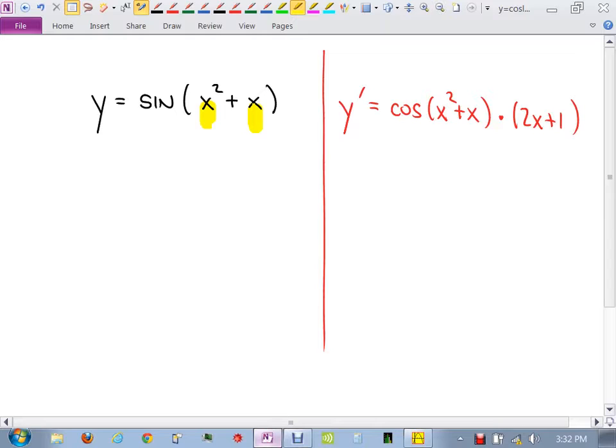Then what? Sine of that, and that would be it. So would you agree that sine is the last thing happening? Yes? Sine is the last thing happening. That's where you start.